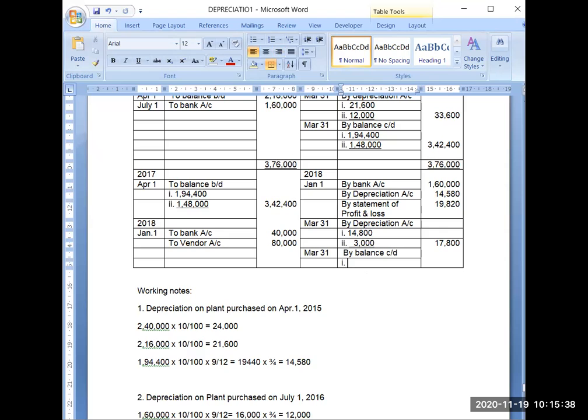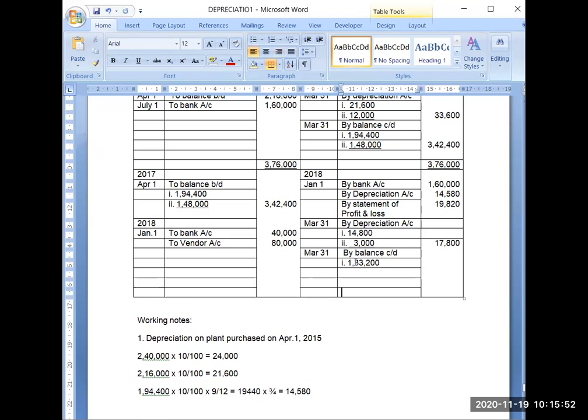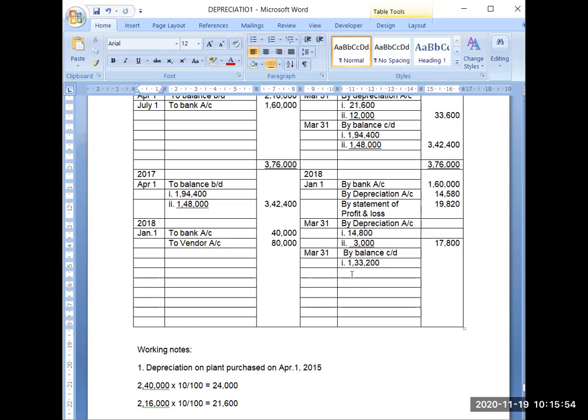It will be 1,33,200. Then second, 1,20,000 minus 3,000, 1,17,000.